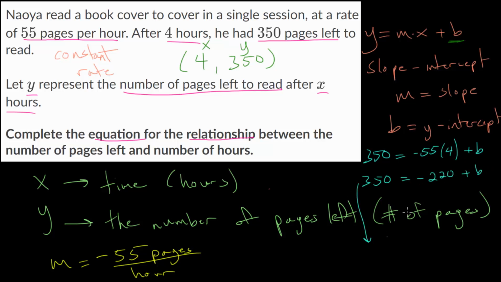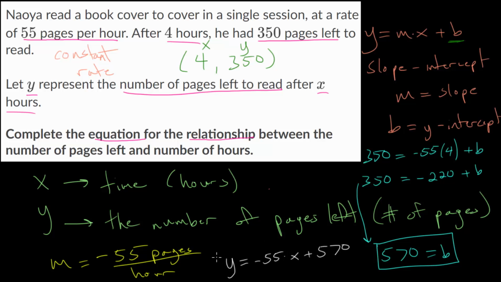And if we add 220 to each side, we get 570 is equal to b. And from here, we can construct our final equation. We would have y is m, which is negative 55 multiplied by x plus 570. And this right here is what we think is our equation.